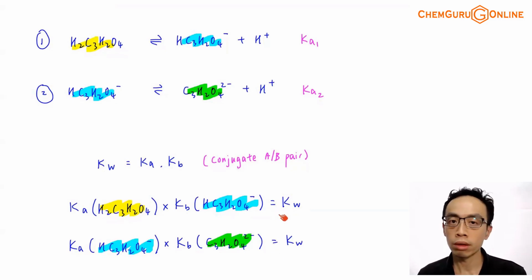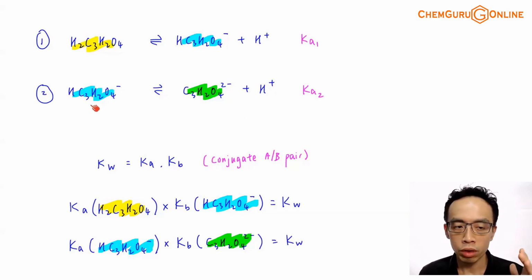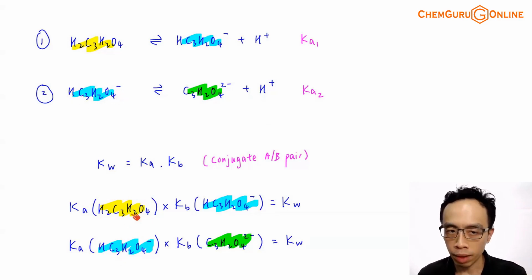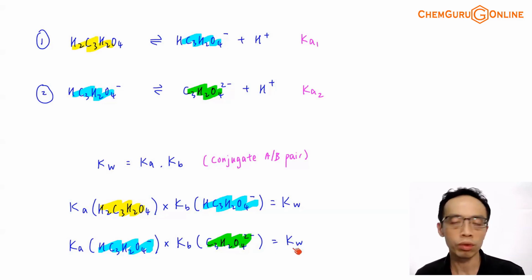We have listed down the examples here: Ka of H2C3H2O4 multiplied by Kb of its conjugate base, HC3H2O4 minus, equals Kw. Then the second dissociation: the Ka of HC3H2O4 minus, which is here, multiplied by the Kb of its conjugate base, C3H2O4 2 minus, which is here, is equal to Kw.